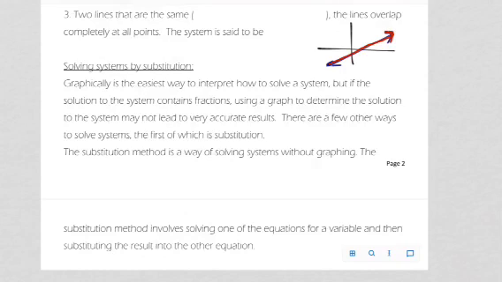If the two lines are exactly the same line, that means you would have a dependent system. So if the two lines are the same, this means there are infinitely many solutions. I don't know what I just did.